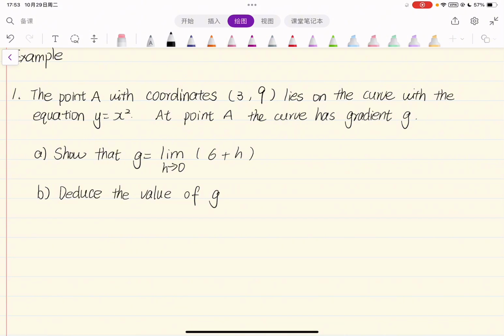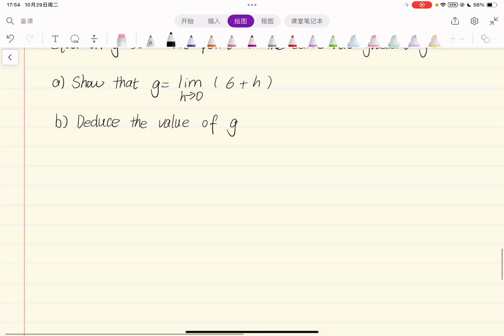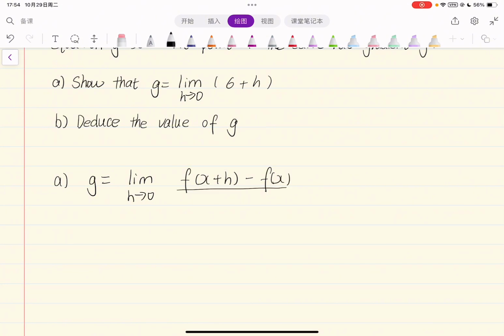Part A asks you to show that g equals the limit as h tends to 0 of 6 plus h. Firstly, let us write down the gradient function. So g equals the limit as h tends to 0 of f(x plus h) minus f(x) over h.